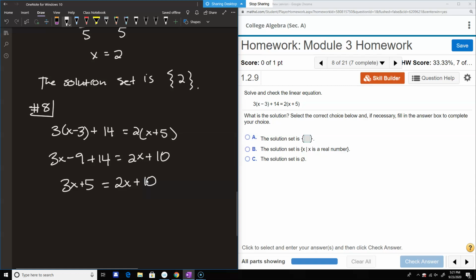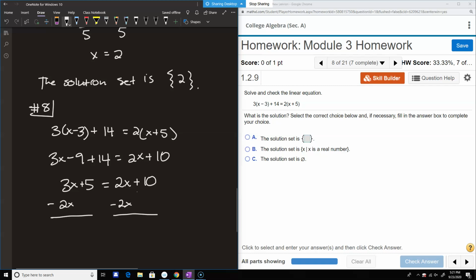Okay, so then you have to make a decision about what side you want to put the x's on. So the better choice here is to subtract 2x. Then you'll just be left with positive x on the left-hand side. So you can kind of do this part in one step. You want to subtract 2x to move the x's around, so your x's will now end up on the left-hand side of the equation. But you also want your regular numbers to be on the opposite side.